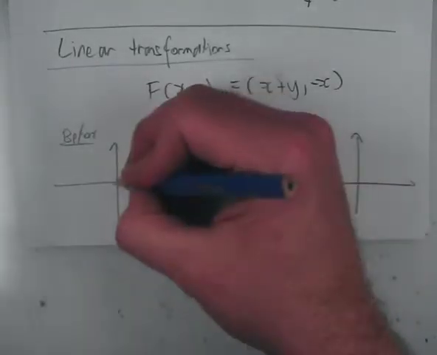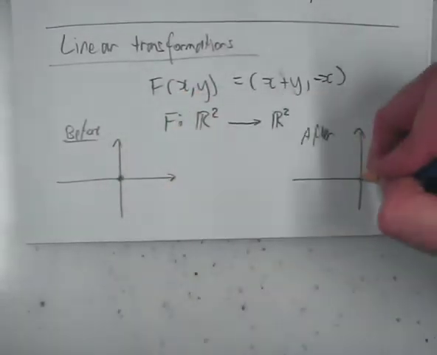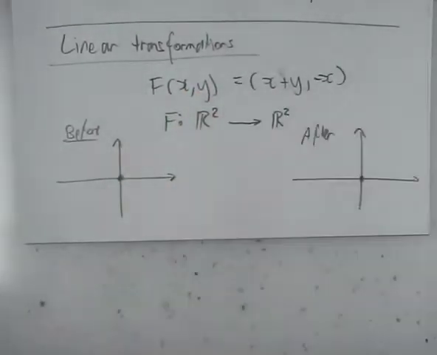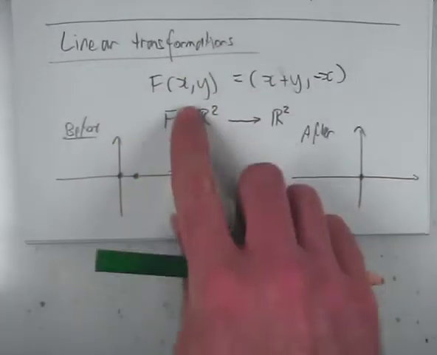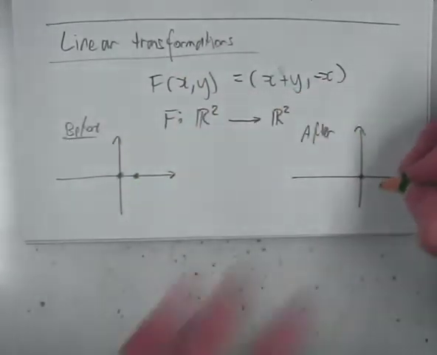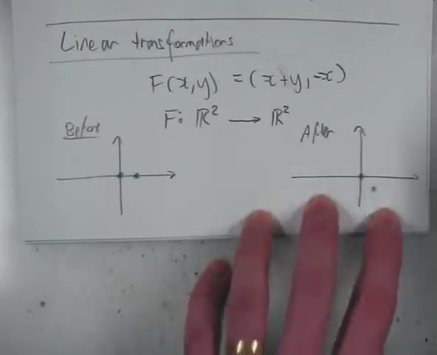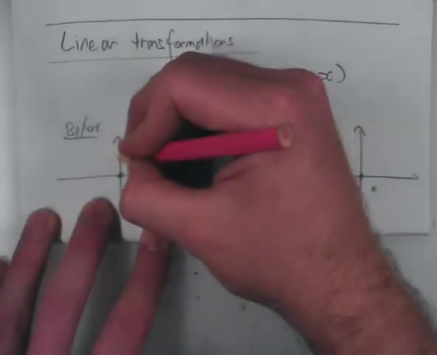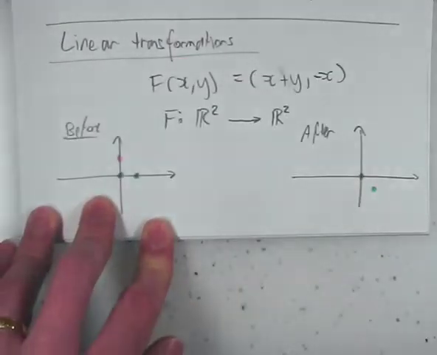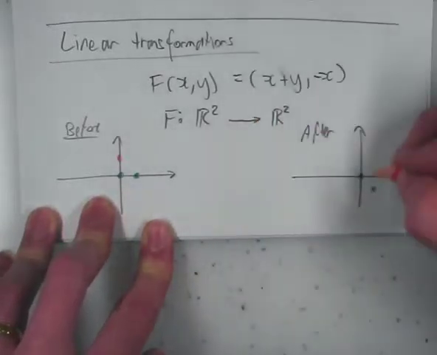So this point 0, 0, if I put 0, 0 into the formula, I get 0, 0, which always happens with a linear transformation. And this point 1, 0, when I put it into the formula, I get 1, minus 1. And this point 0, 1, when I put it into the transformation, it gives me 1, 0.